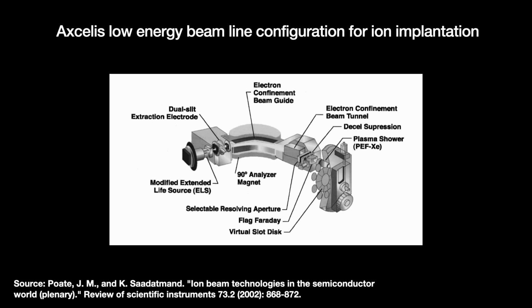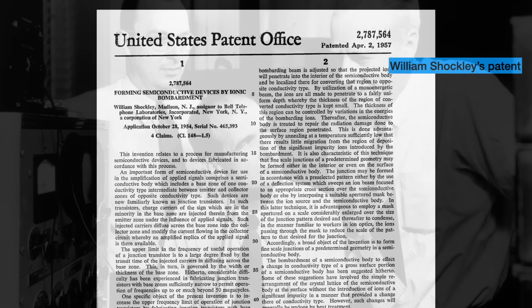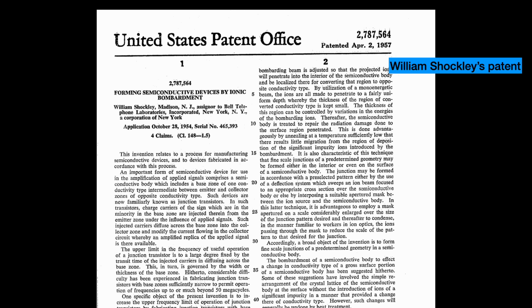We generally trace the concept of ion implantation to a patent by William Shockley, filed in 1954. Yes, the same William Shockley who helped discover the first transistor, created the bipolar transistor, and was a raging eugenicist. Shockley demonstrated extraordinary foresight with his patent, but he never followed up on the ideas, and the rest of the world caught up.